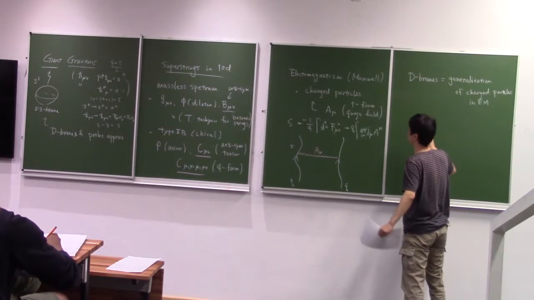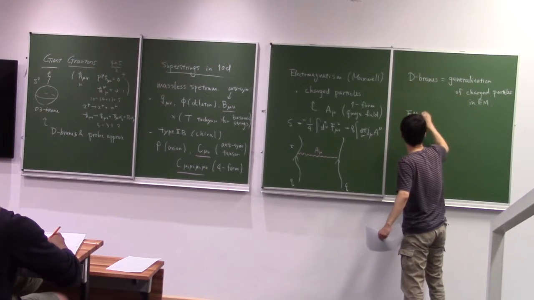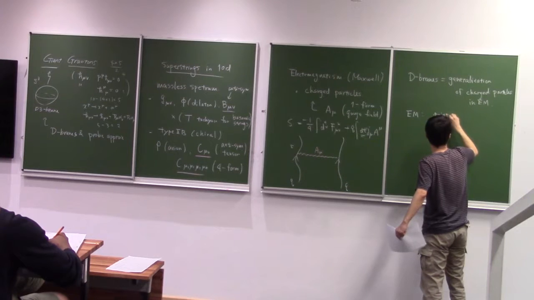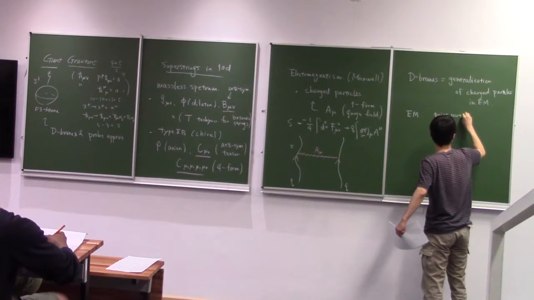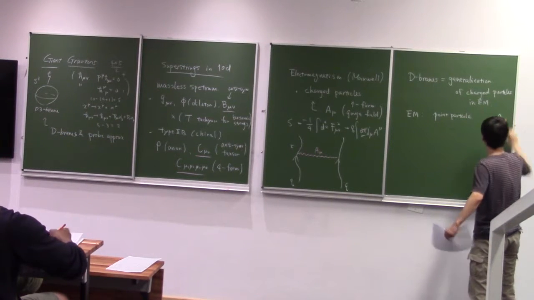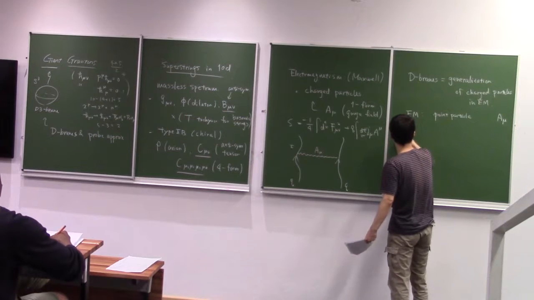So let's see. In electromagnetism, you have a point particle and you have a gauge field. Now type 2B.